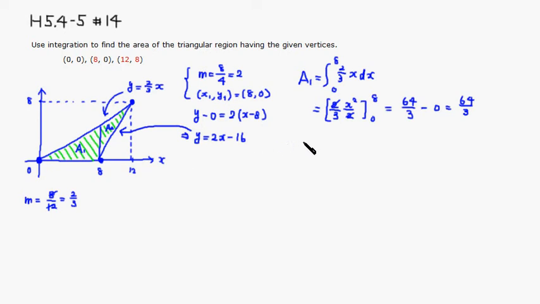All right, let's find A2. A2 is a little tricky, but it's going from 8 to 12. The top is still 2/3 x, but the bottom is 2x minus 16, so minus the quantity 2x minus 16, dx.